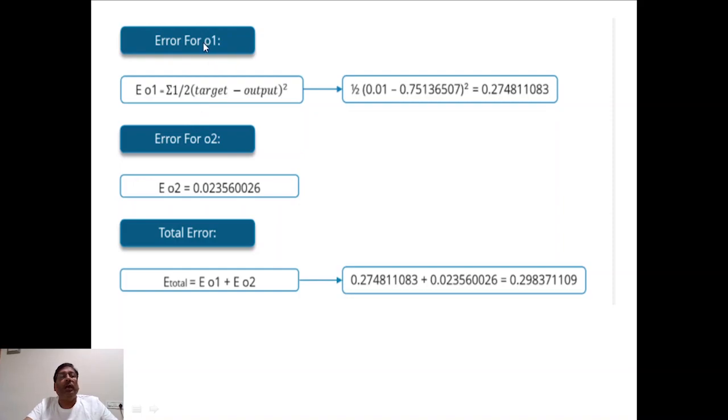So you are going to calculate the error for O1 or error at O1, you can say error at O2 and so on. So in order to calculate that, you can make use of 1 by 2 into target minus output whole square. So if you replace the value of target, which is 0.01, this is what exactly we need, and what we generated is this.